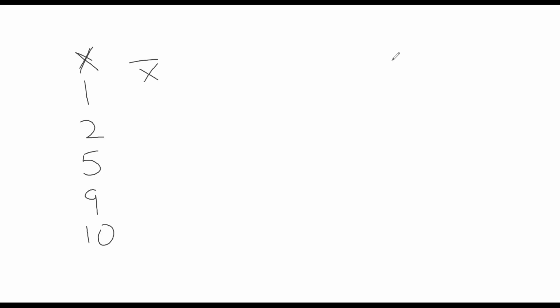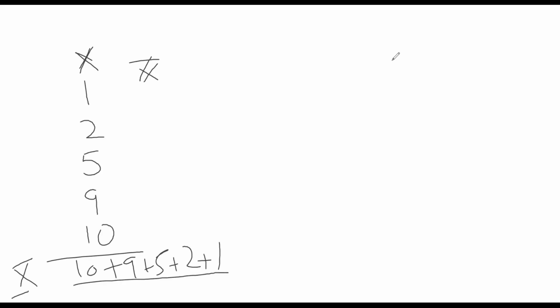We will first calculate x bar, which means the mean. The mean is 10 plus 9 plus 5 plus 2 plus 1 divided by the number of terms, which is 5. The sum is 27, divided by 5, so 5.4 is our mean.